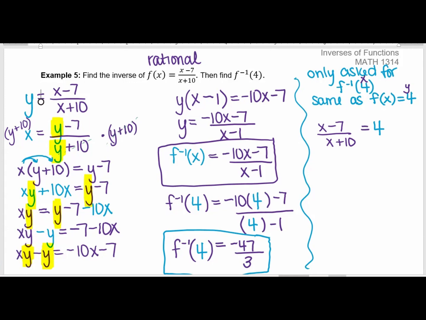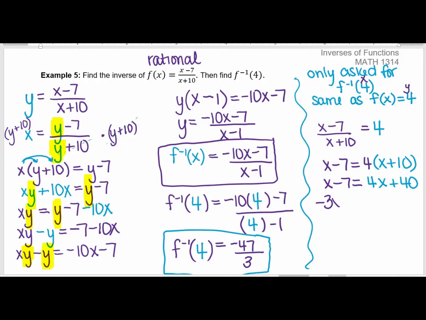We would have taken both sides of our equation and multiplied it by the x plus 10. Distribute the 4. We would get 4x plus 40. Subtract the 4x.